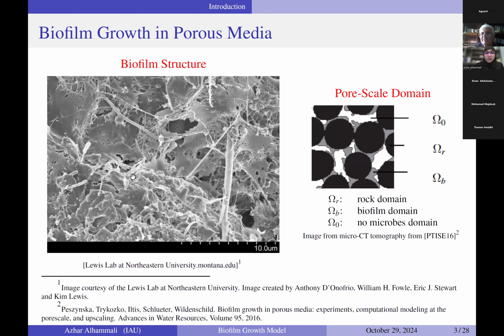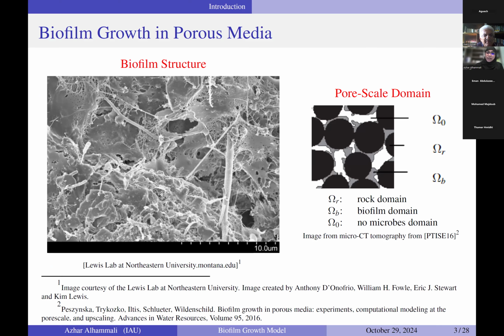Now, this is the biofilm. As you see in this figure, it's a complex structure made of billions of microorganisms embedded in some slimy substance, extracellular polymeric substance, or EPS.